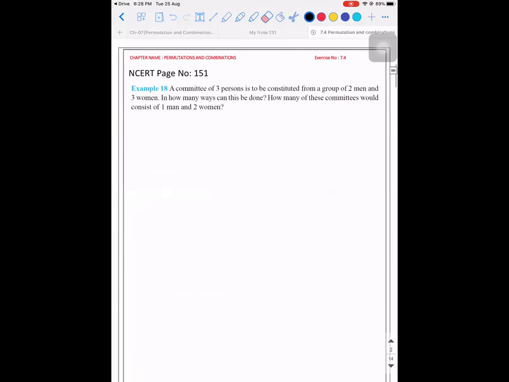Okay. So now you people ask me when to use combination. How will you know? See, this exercise is about combination. It's not a big deal, but understand. A committee of 3 persons is to be constituted from a group of 2 men and 3 women. Generally, when you want to form a committee, will you do selection or will you do arrangement?